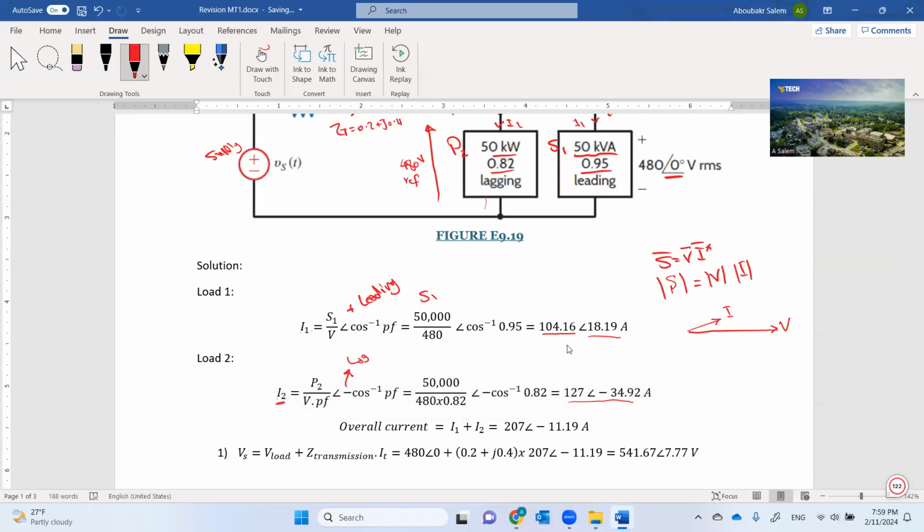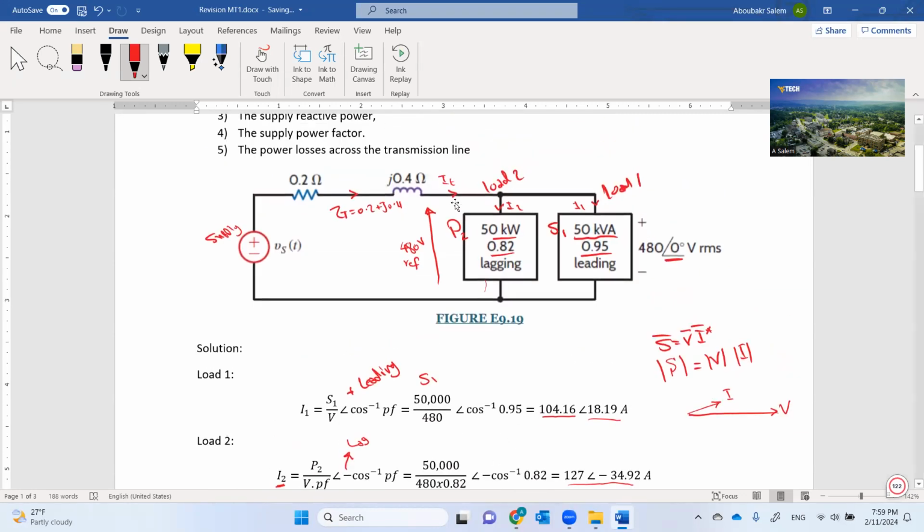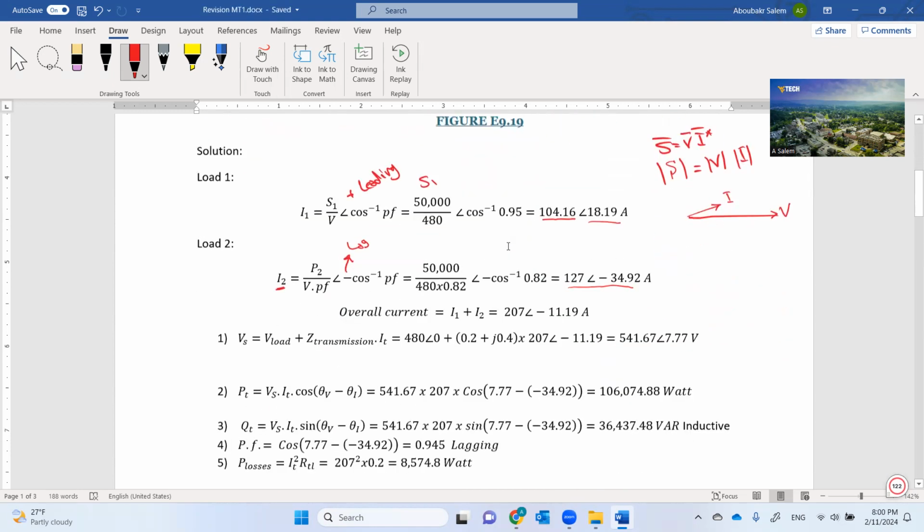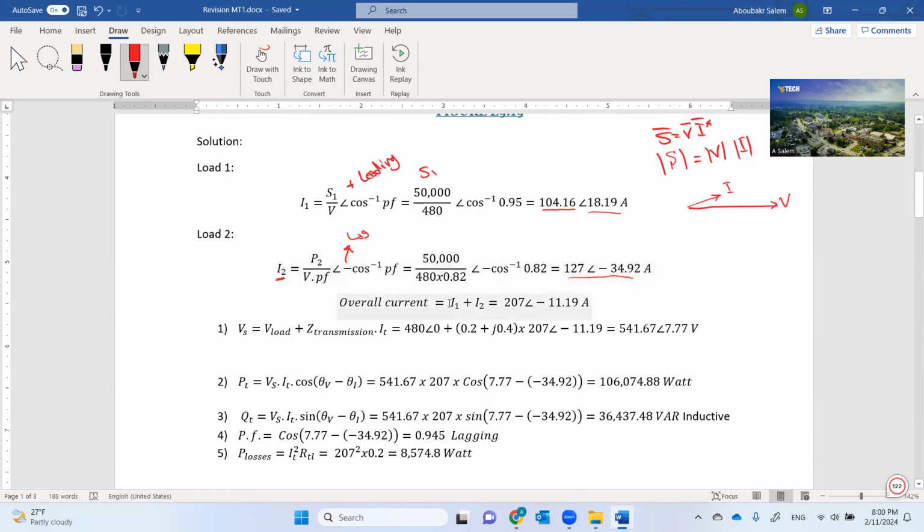Now guys, from the circuit we can say I total equals I1 plus I2. The overall current is the summation of the two currents, and you will get 207 at angle minus 11.19 ampere.